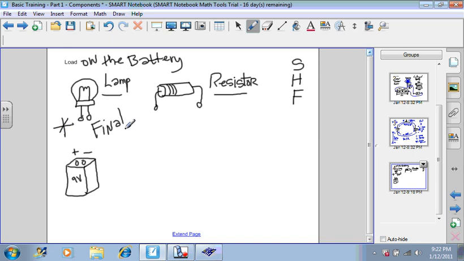We're trying to see something, hear something, and feel something. So right now, the loads I want to focus on are final loads.